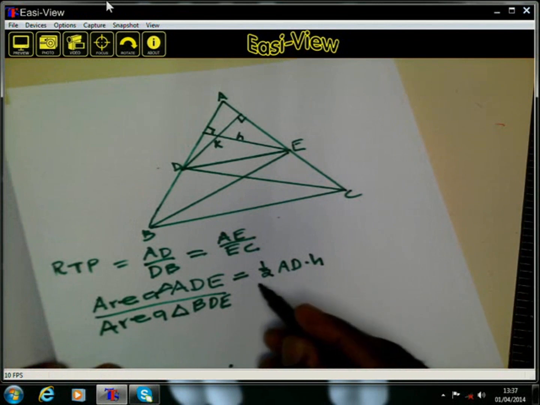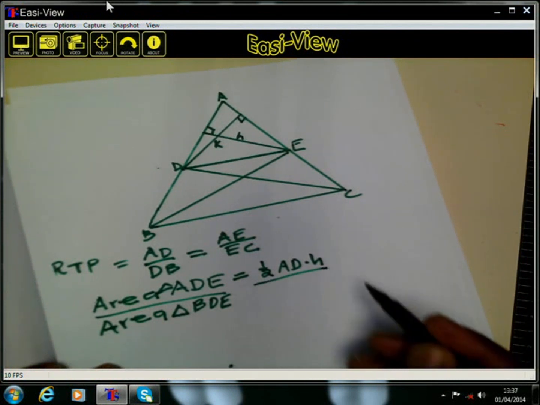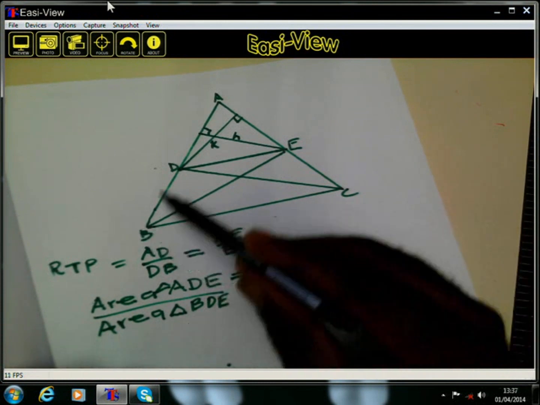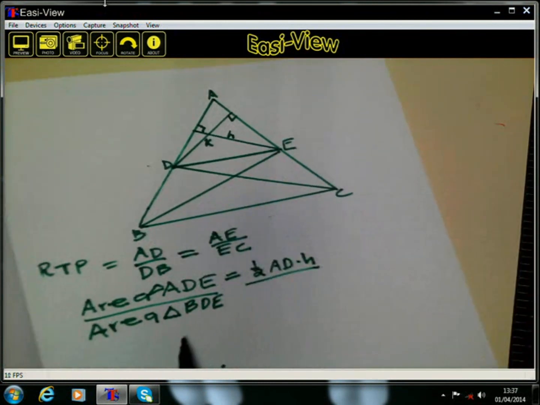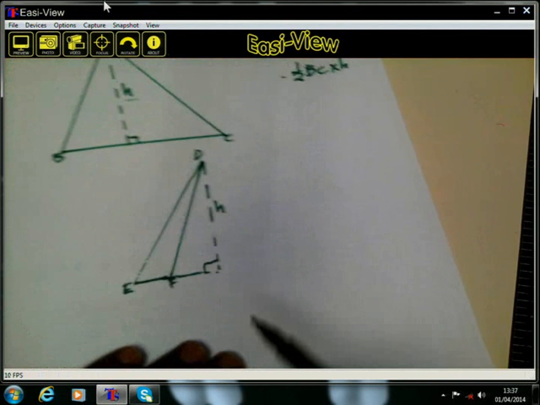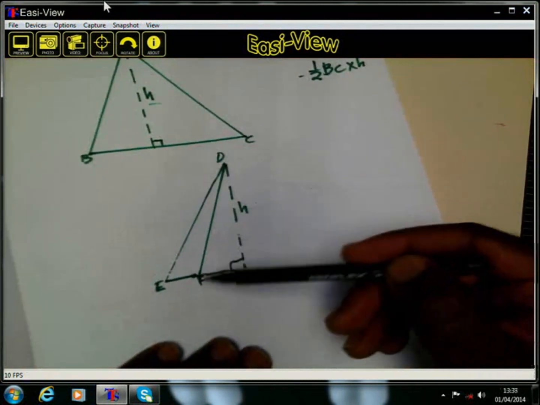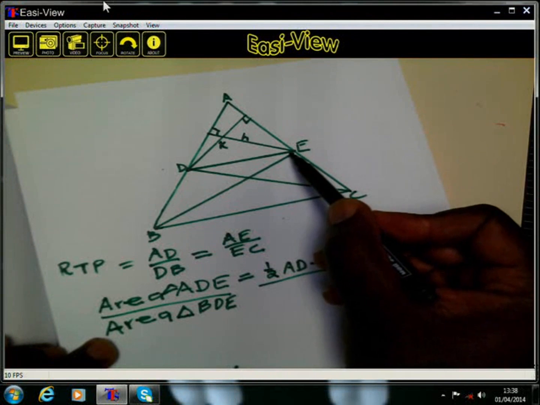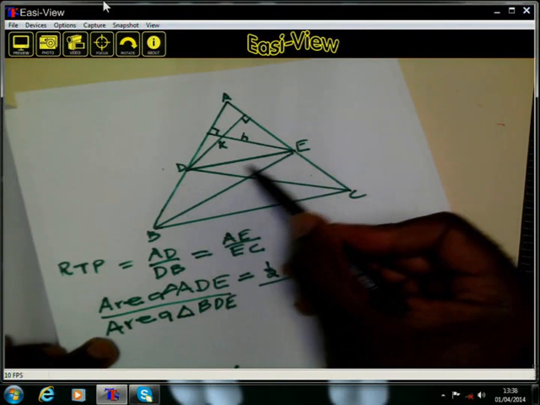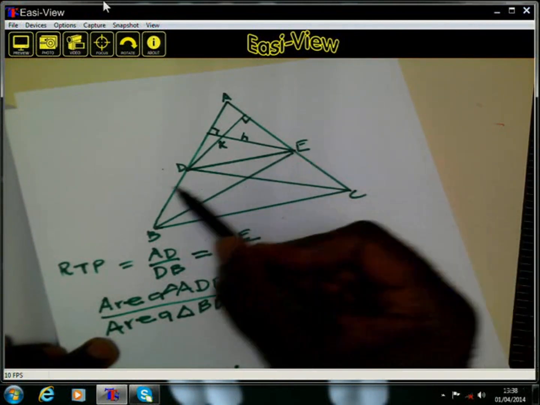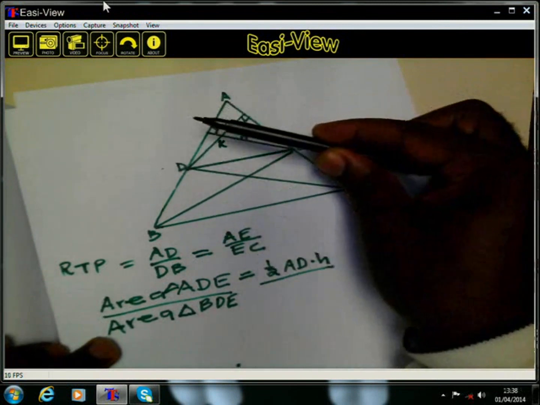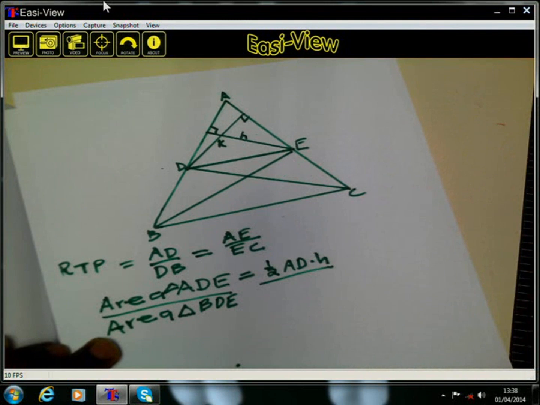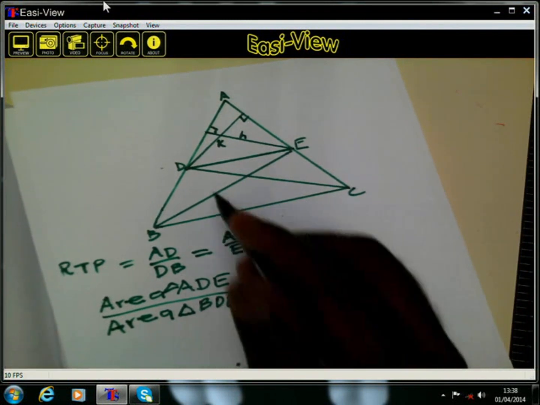Now, however, let's go to triangle BDE. When you look at this type of triangle, there is no way you can have the perpendicular height inside it. It means the perpendicular height of that triangle will be outside, and it will still be this H. What is the base for that?